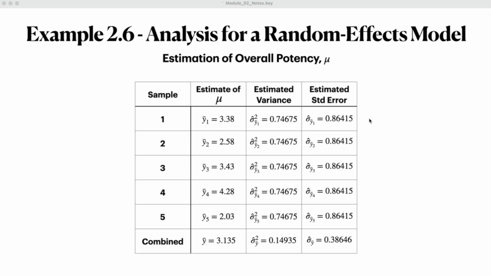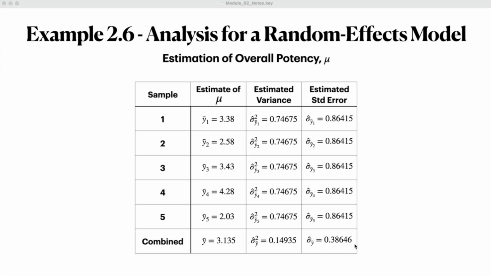Again, I'm including this just for illustrative purposes. Based on what we just computed on the previous slides, the estimated standard error for the estimates provided by each of the sample means is 0.86415.